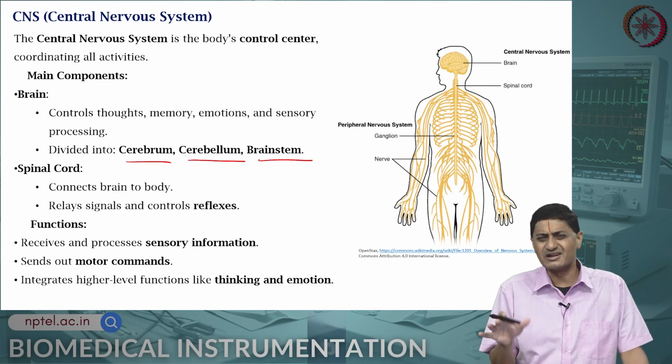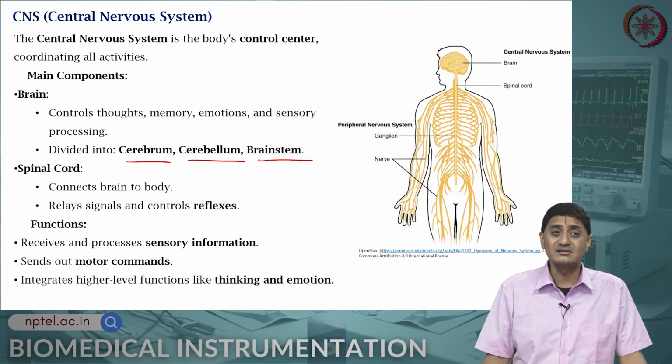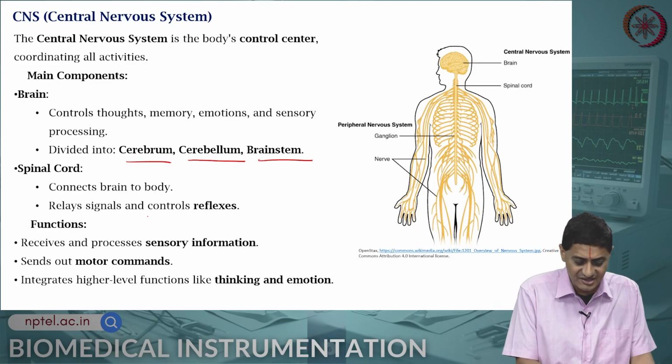Subcortical structures, several are there, not included in the discussion. And then there is the spinal cord that connects the brain and the rest of the body, and it relays signals from the brain to the rest of the body, and it also controls reflexes.